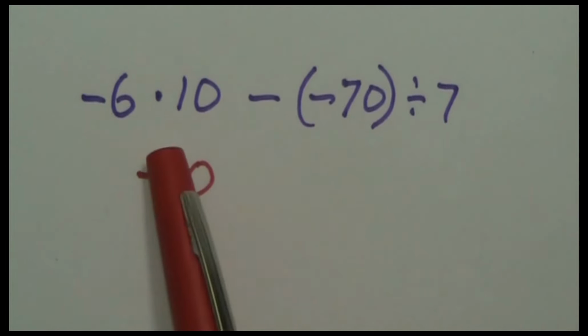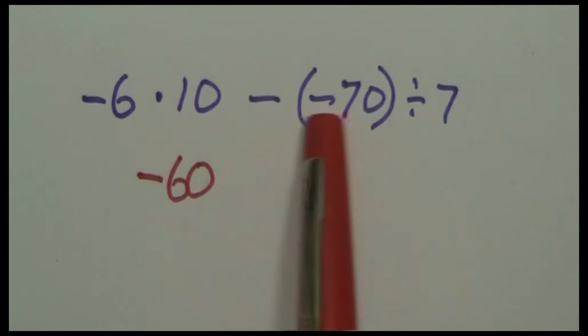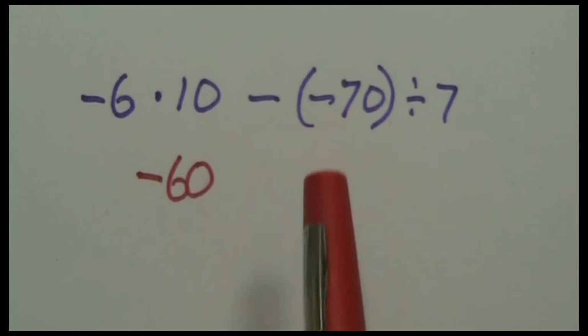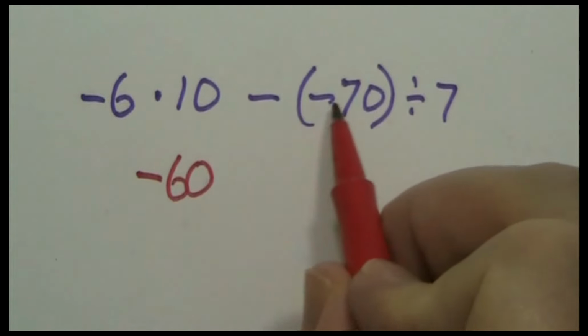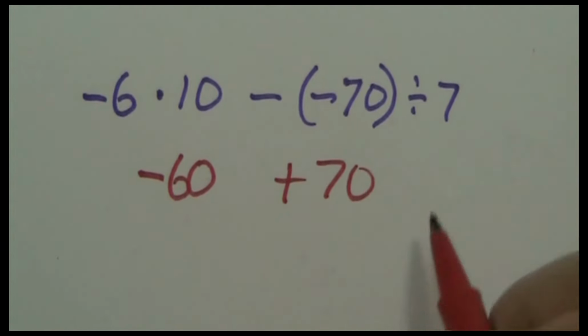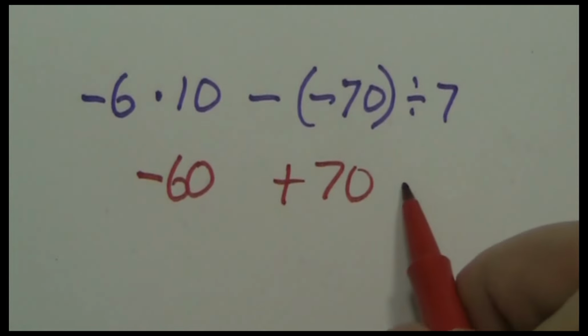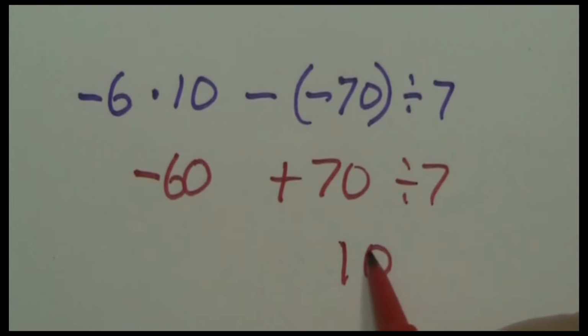Not to confuse you, but some people wonder, what if you would have made this a big plus? If you would have made this a big plus, that's positive 70, and then you have divided by 7. So 70 divided by 7 is 10.